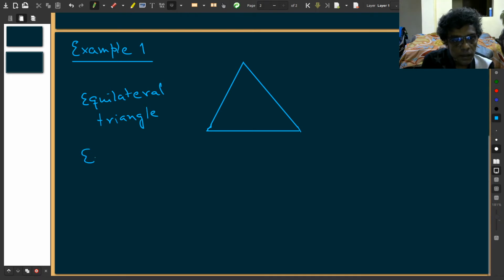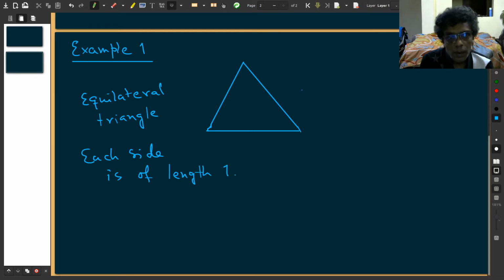Each side is of length 1. Then what you do? You pick some 5 points inside the triangle. So 5 points you take, inside or on the boundary of the triangle.